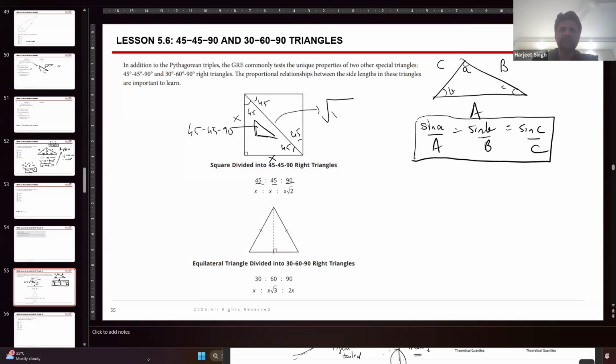Root of x square plus x square, which will be root 2 x. And hence, the ratio of the sides will be x is to x is to root 2 x. And these are the sides opposite to 45, 45, and 90 degrees in an isosceles right angle triangle.